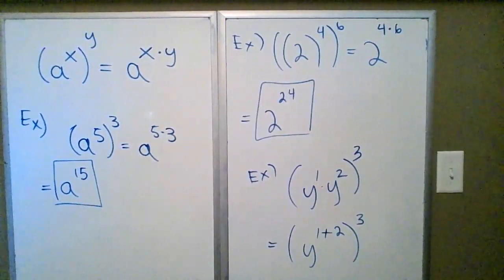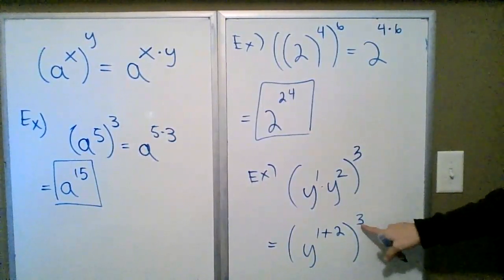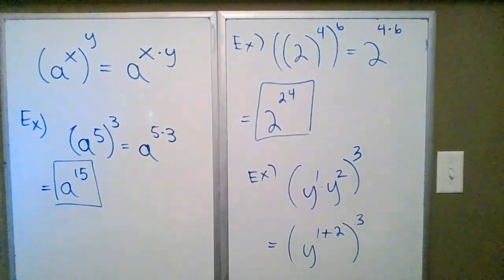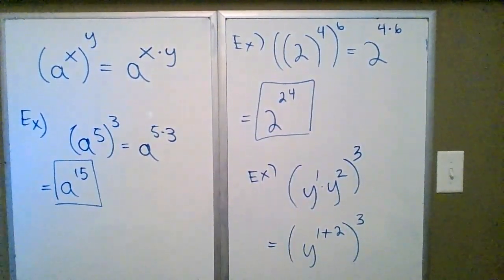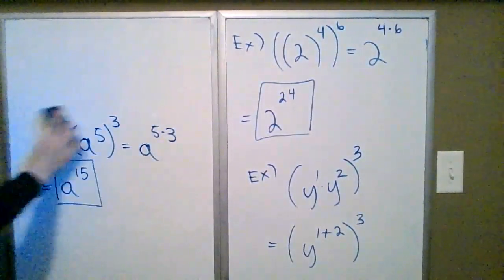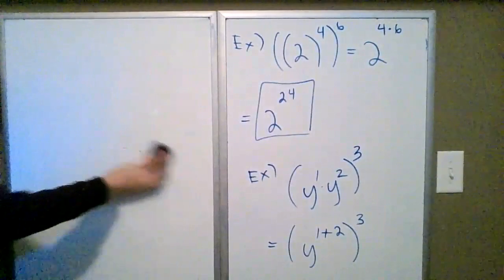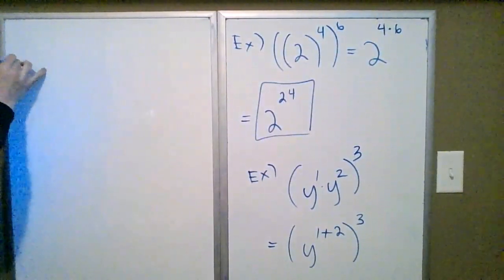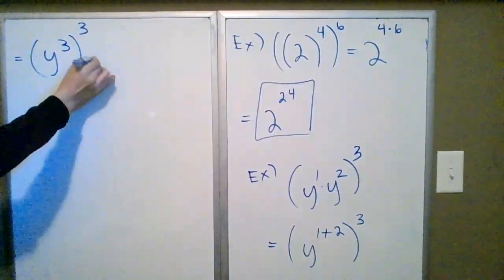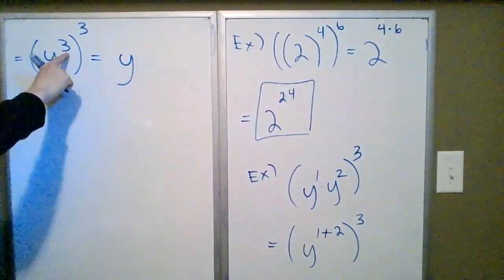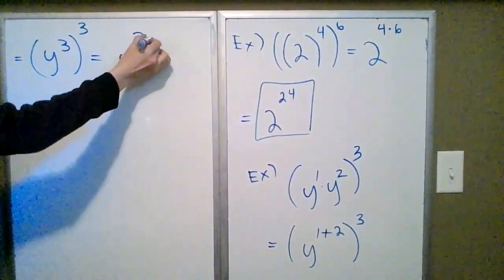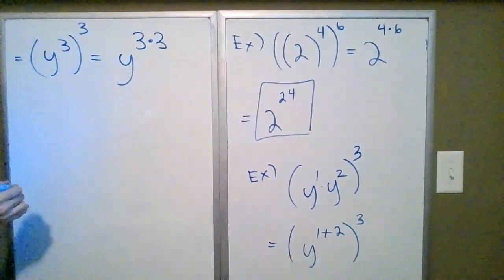So what we have now is y cubed and then raised to another power of 3. You have a power with another power above it, you multiply them together. So we have y to the 9th.